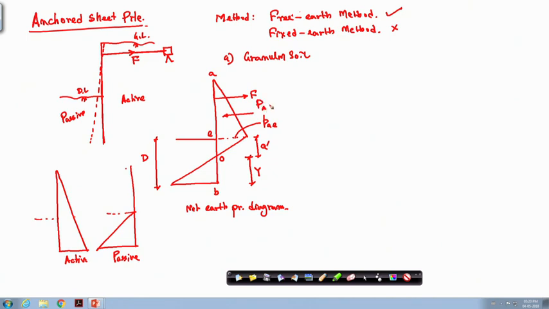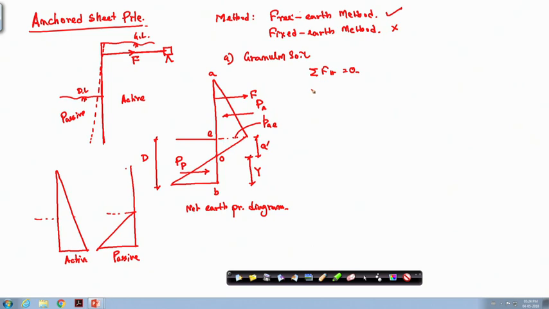So, what I will do, I will consider this P A above the O point, and then there is a force say P P, okay, because of this triangle. So, I can write that the F force is the anchor force and your unit weight is gamma or gamma dash depending upon the water table condition. So, the summation of all horizontal forces is 0. So, sigma F H is 0. What are the horizontal forces?